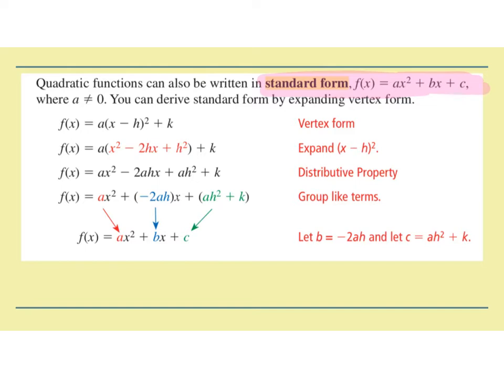And our a, b, and c come from the coefficients in front of the x squared, in front of the x, and the constant. So this is our a, b, and c. And then we know that this here is vertex form.